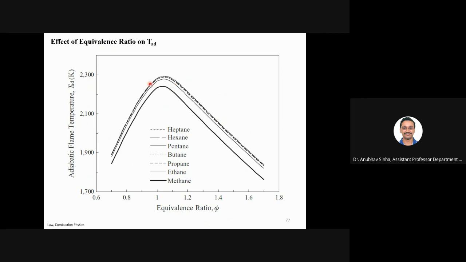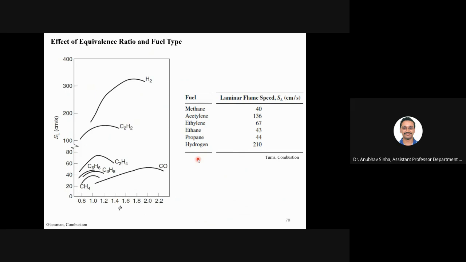Now, equivalence ratio again affects your adiabatic flame temperature. These are again plotted for different fuels, and the same trend will follow for your S_L. Only two species are different, hydrogen and CO. Other than that, mostly flames peak around 1 and then drop for rich and lean.